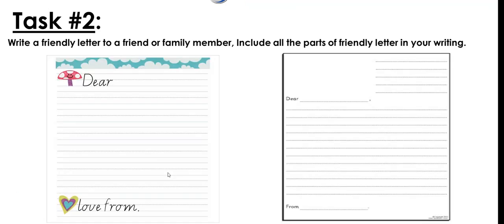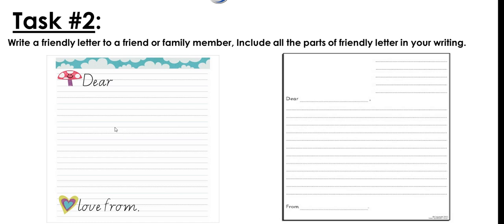And for task number 2, write a friendly letter to a friend or family member. Include all the parts of a friendly letter in your writing. So you have to write a letter. I would prefer that you choose to do task number 2.